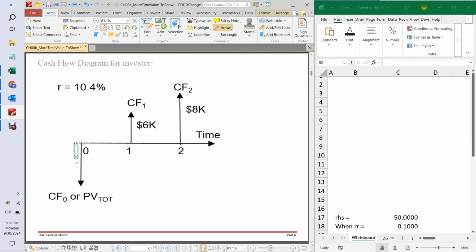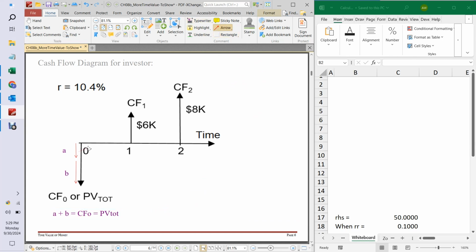So we'll call that piece A, and we'll call this piece B. And what's going to happen is that A plus B is equal to CF0, which we can call PV tot, for the present value of the total amount that she's going to have to pay now.